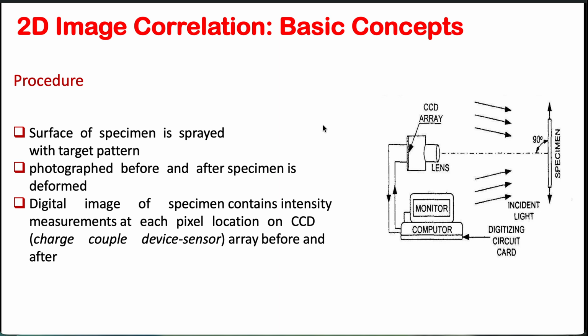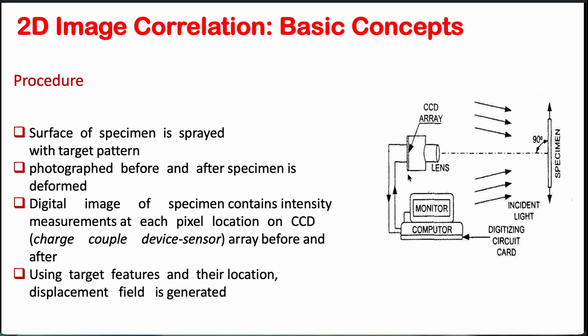And then these digital images will be gathered, and each of the pixels of digital images after each load application is going to be compared to the previous image. Okay.